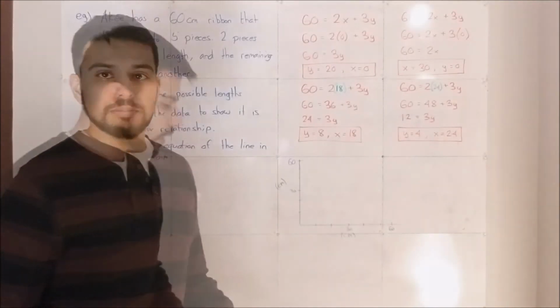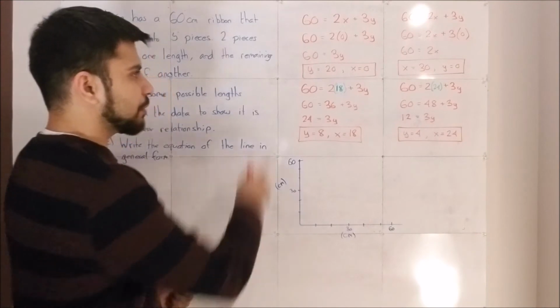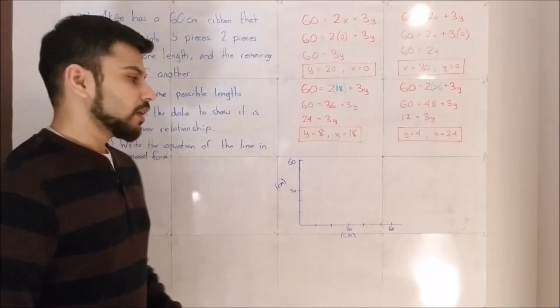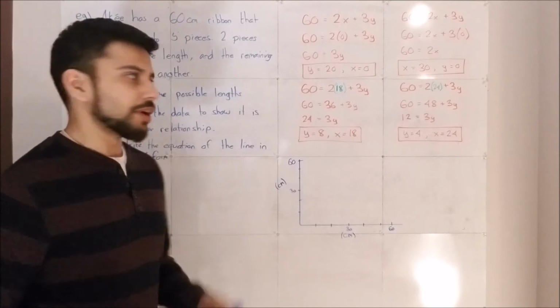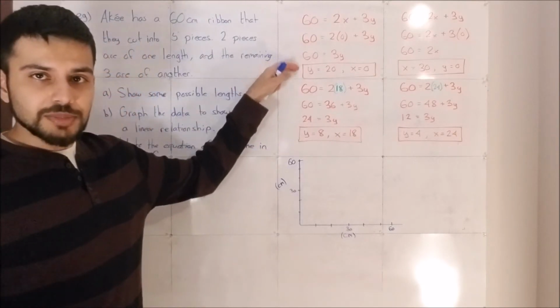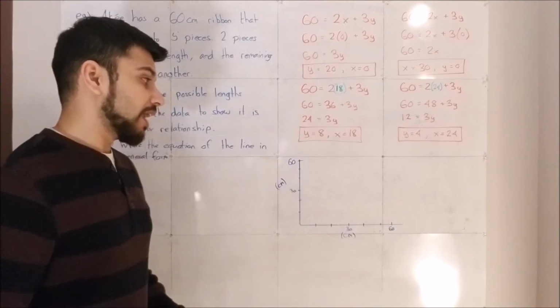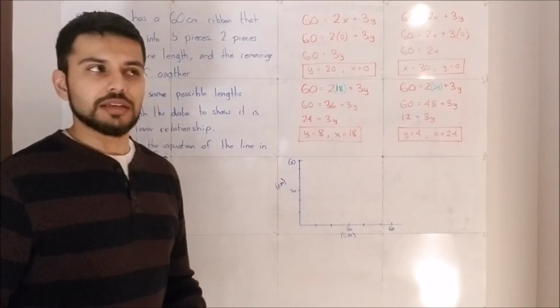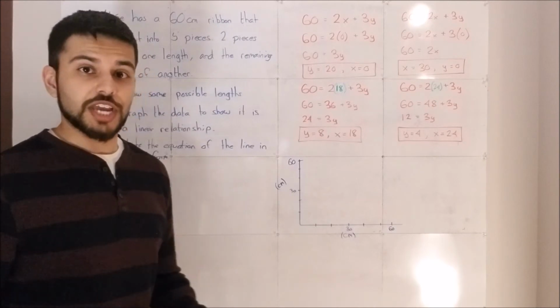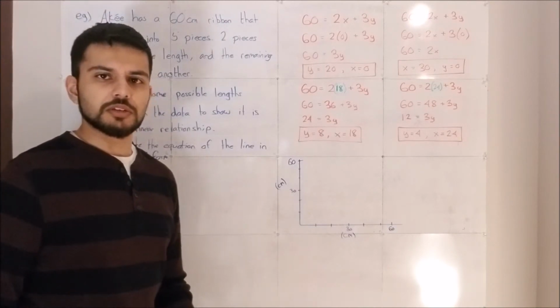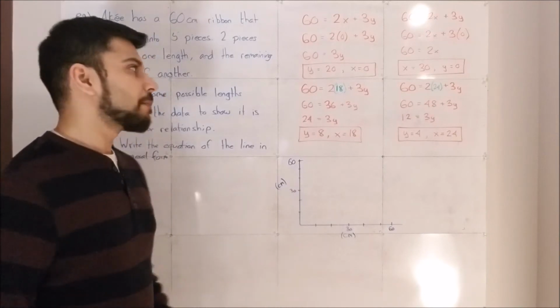So now let's graph it. To graph it, we're just going to put our intercepts or the points that we've calculated on a graph. Just be careful that you're following the logic, right? These intercepts cannot exist on this graph because it means the ribbon has 0 value in some pieces, which can't exist. So we're going to put open circles, if you remember that from inequalities in grade 9. If not, it's okay.